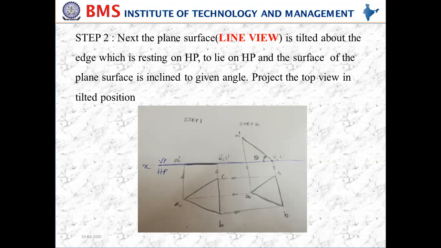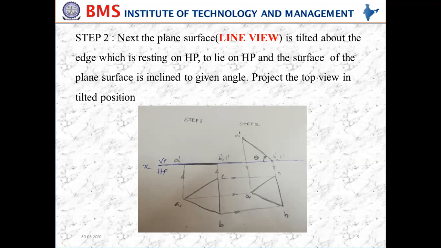Generally, when the lamina is inclined to HP with an edge resting on HP, people draw the front view as the true shape and the top view as a line view, and then they go wrong. So you need to know which plane to keep parallel. For that, look at the resting condition as well as the lamina inclination.